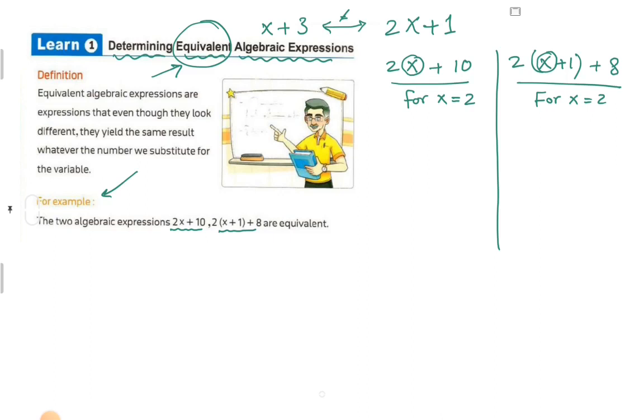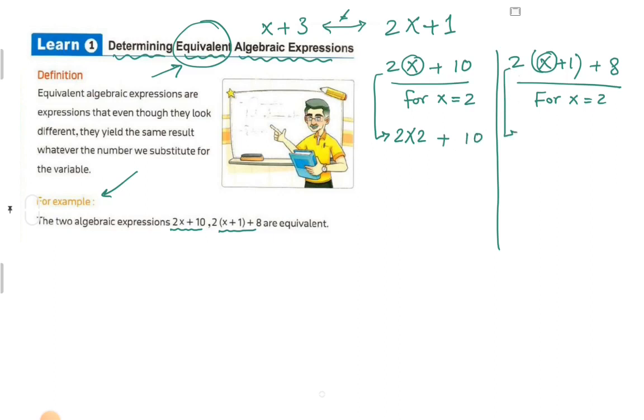Okay? Now, we will substitute x equal 2. Now, remove x and put 2. 2x, that's mean 2 by x. So, 2 by 2 plus 10.